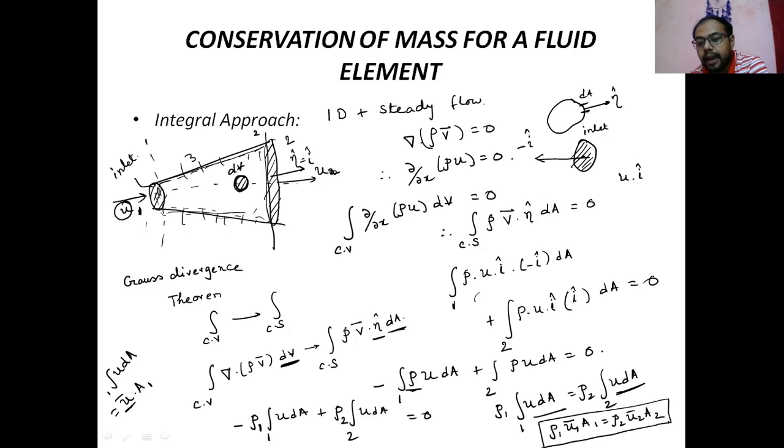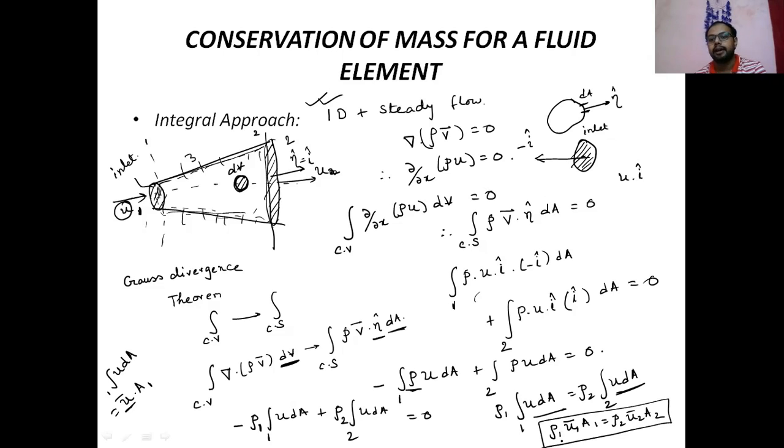But it is valid for only one-dimensional steady flow. That is the first assumption. Second assumption, it is an area average velocity. Velocity might not be the same across the area.